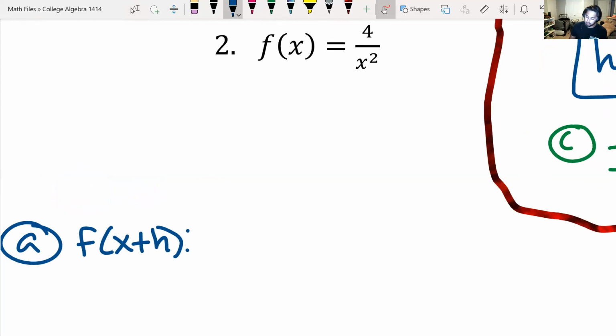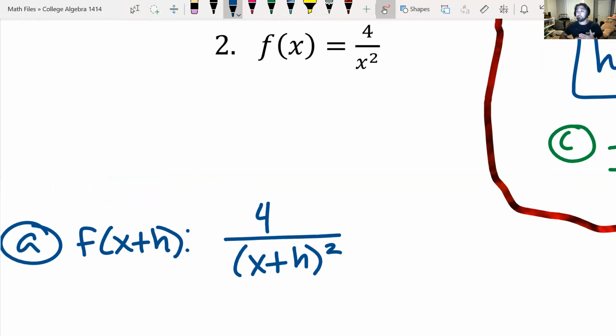So we're going to get 4 over x plus h squared. And guess what? That's it. Don't do anything else. If you're wondering why I'm not FOILing that out, it is because there is never, ever a need to FOIL out your denominator unless I tell you to do so. Never FOIL your denominator. You make more work for yourself.